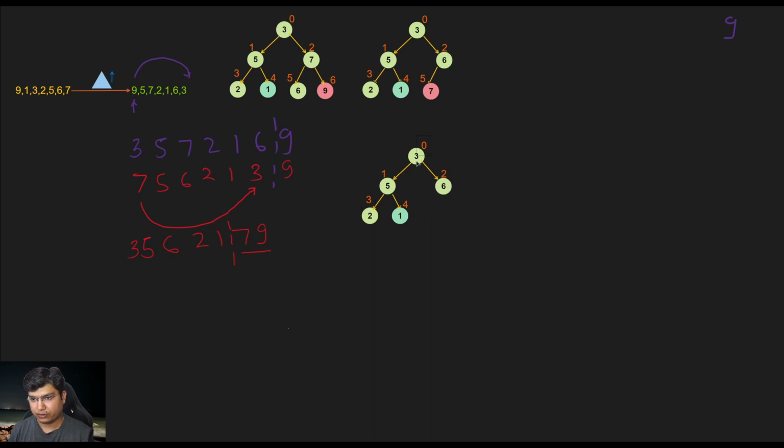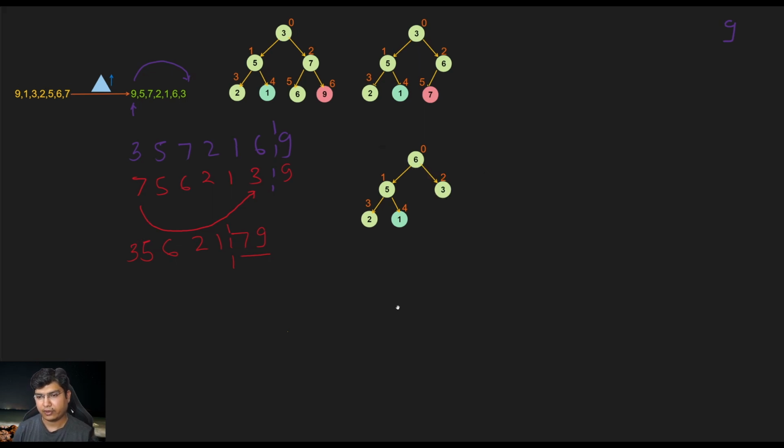So out of 3, 5, 6, 6 is the bigger number. So 6 goes at the position where 3 is, and 3 comes here. If we write down our array again, the array is 6, 5, 3, 2, 1. Okay, and I had 7 and 9 already there.